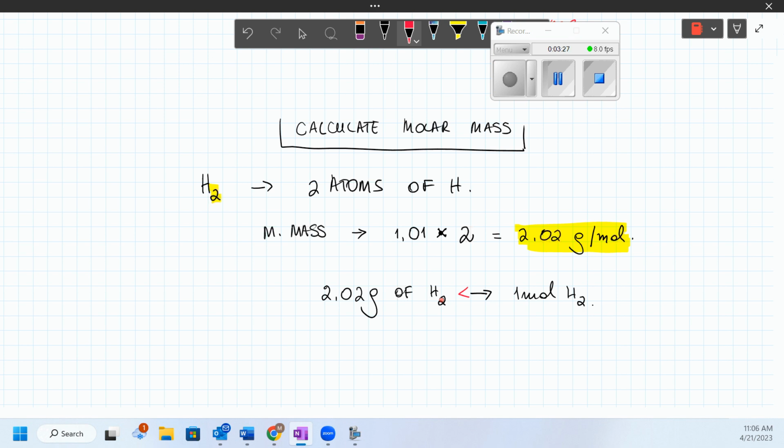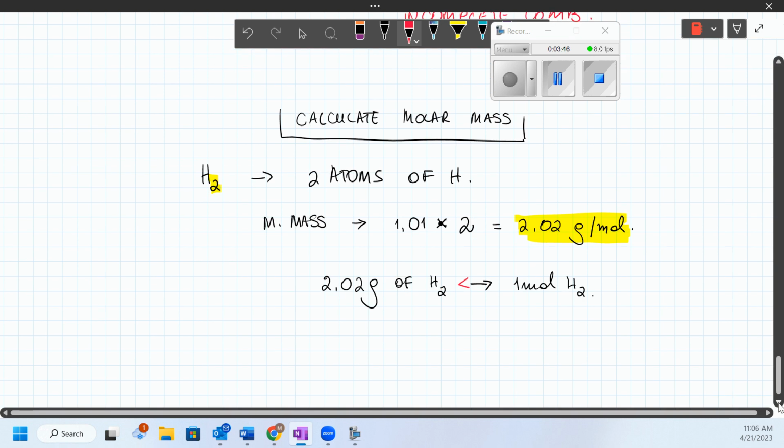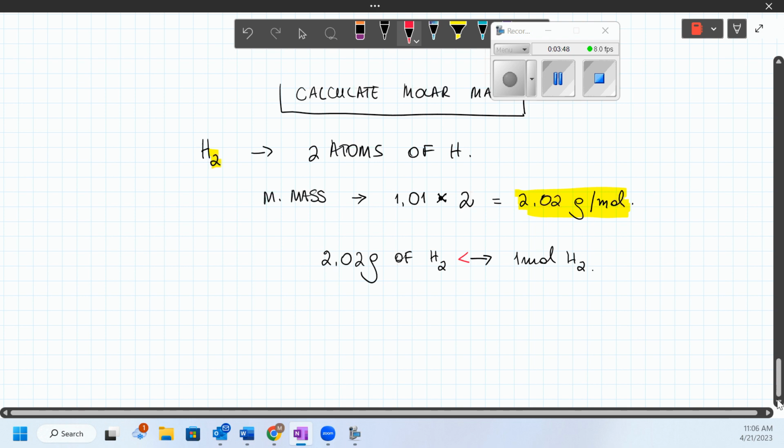And remember what 1 mole is? It is 6.02 times 10 to the power of 23 atoms or molecules of the thing. Okay, Avogadro's number. So then when we are dealing with just, let's say, nickel.